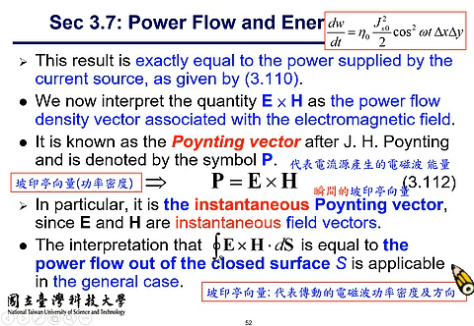power density, to find out the total power, you need to do a surface integral. So you see, here's another expression that is the closed surface integral of E cross H dot ds. What is the meaning of this expression?